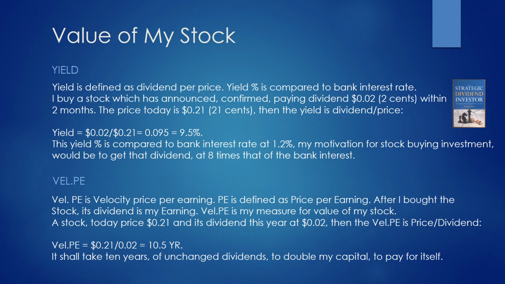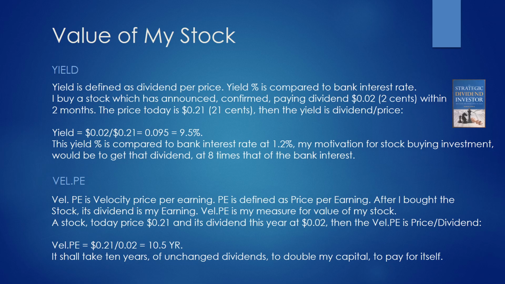Velocity PE. Velocity PE is velocity price per earning. PE is defined as the price per earning. After I bought a stock, its dividend is my earning. Velocity PE is my measure for value of my stock.